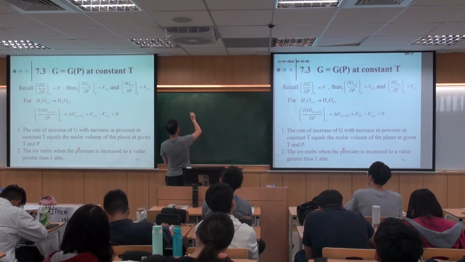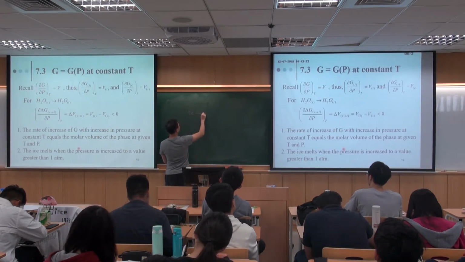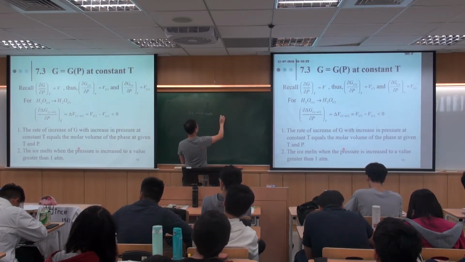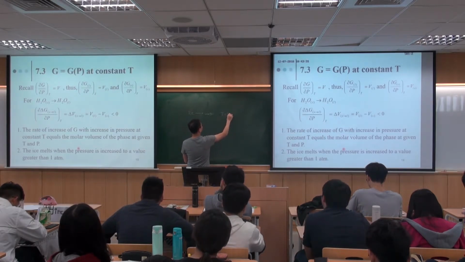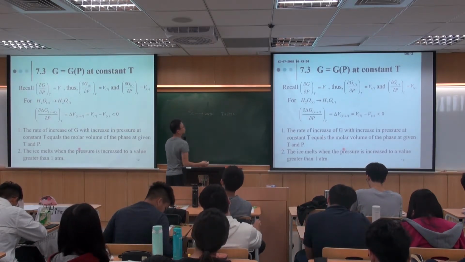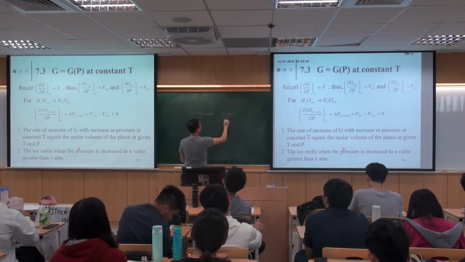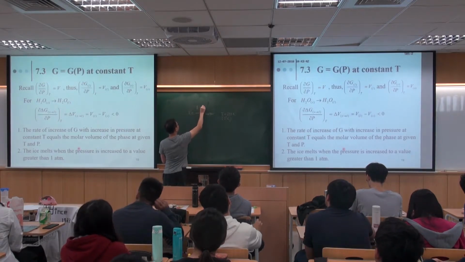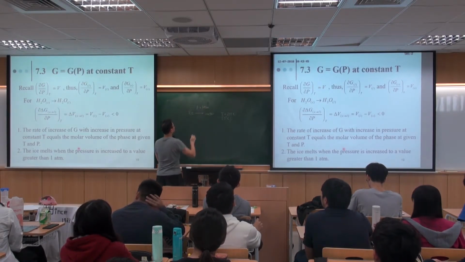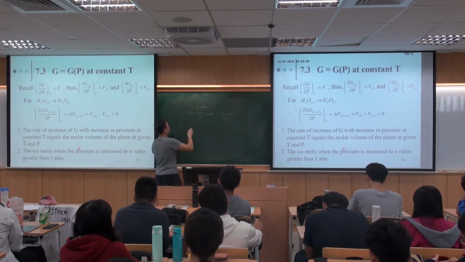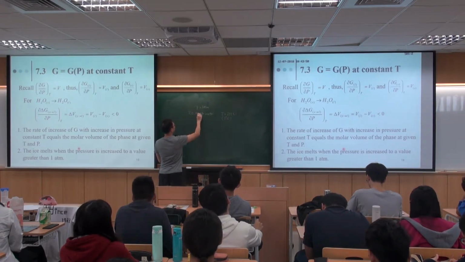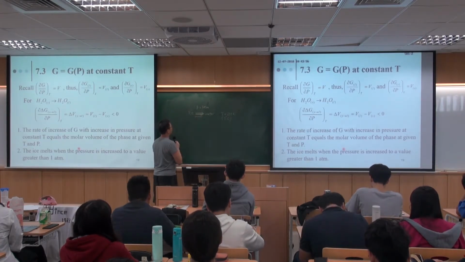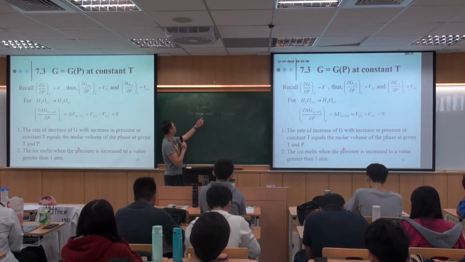So let's say the temperature is fixed at 0 degrees Celsius. And if you increase the pressure, ice actually has this tendency to become water, and that tendency will be greater than water becoming ice.